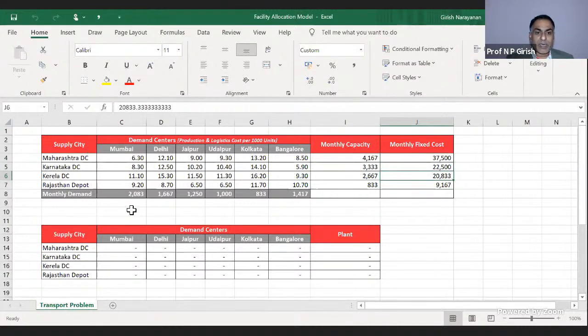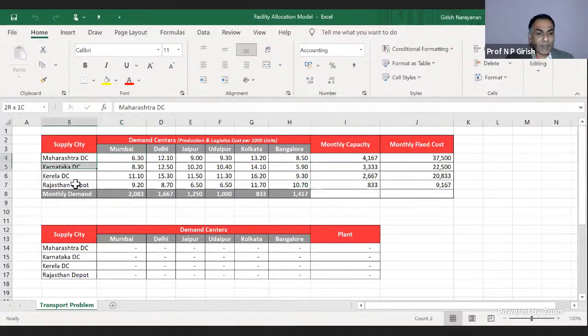So demand center, demanded quantity, supply center, capacity of the center, fixed cost. That is, fixed cost is only related to supply city. In relation to supply city to individual demand city or demand center, there is a logistics cost. So you need to understand for every 1,000 units from Maha DC to Mumbai, it is 6.3, same as earlier one, I believe.